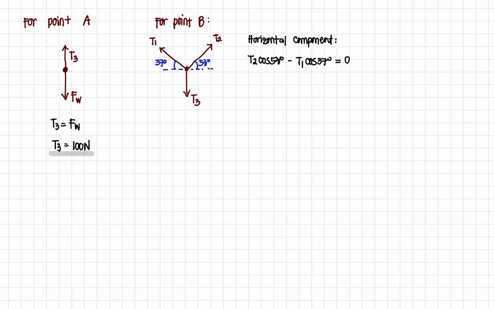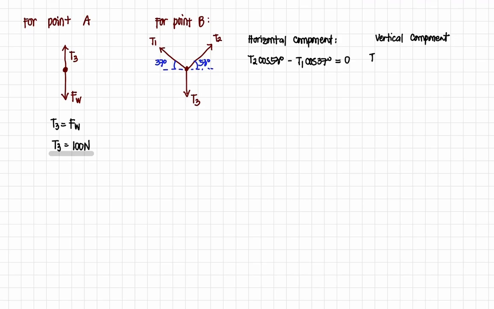Okay, next we're going to make an equation for the vertical components. Because it's not moving, the summation of all vertical components will be equal to 0. So starting from T1, the vertical component of T1 is directed upward.